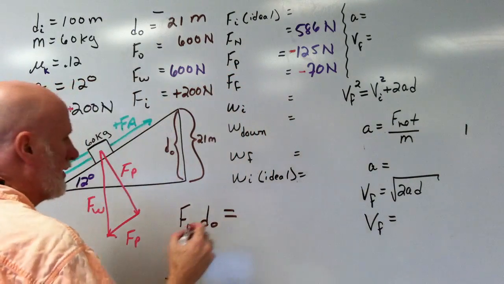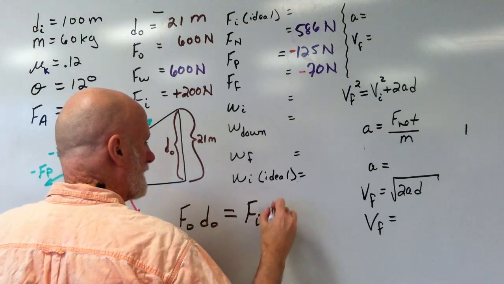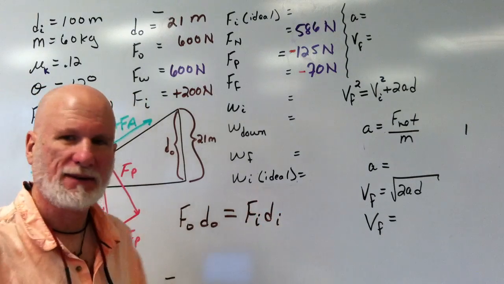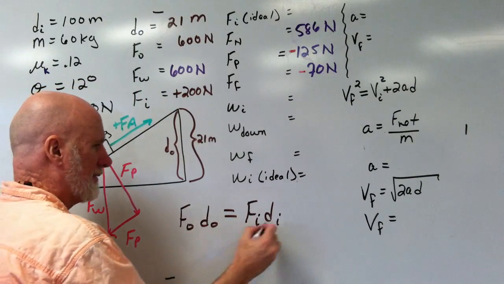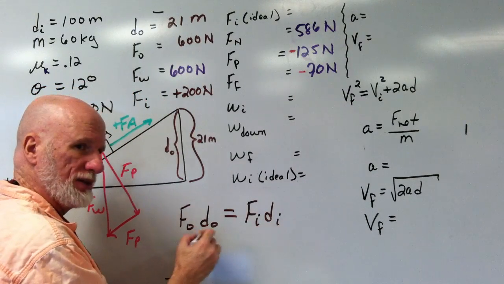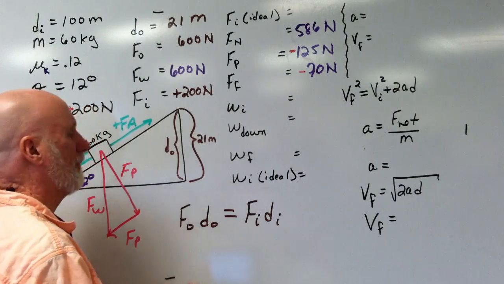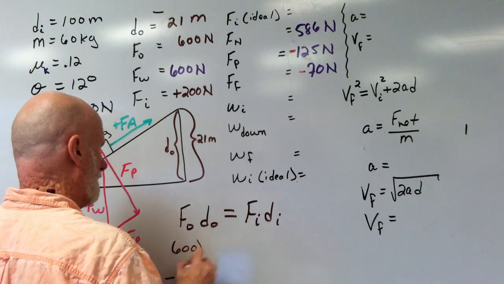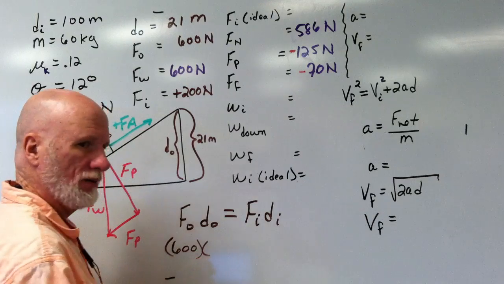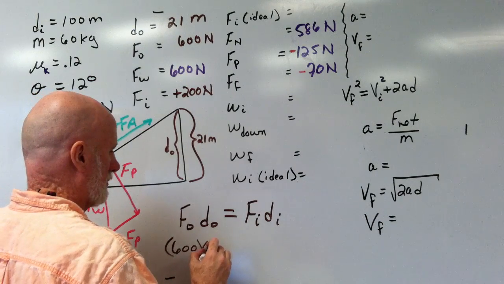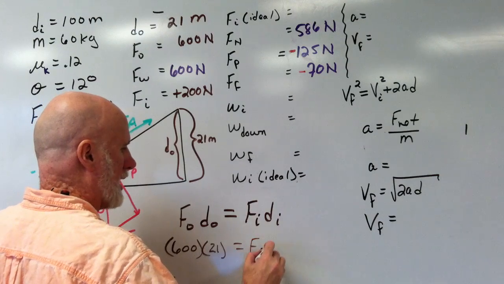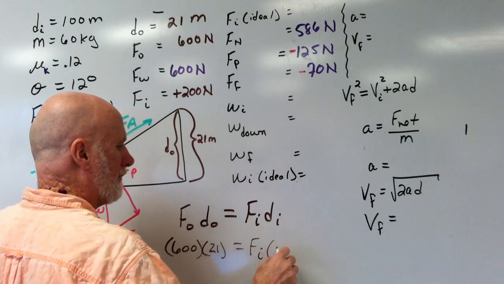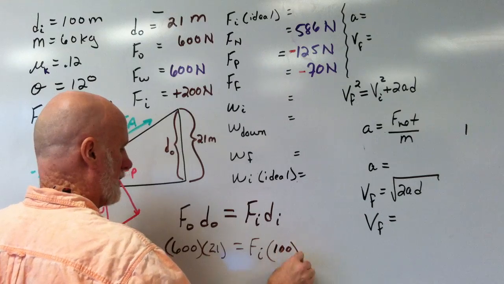Excellent. All right, now, so that's FIDI. So FODO, what's FO? FO is 600 newtons. What's DO? 21. 21 equals FI, which we don't know, times 100.